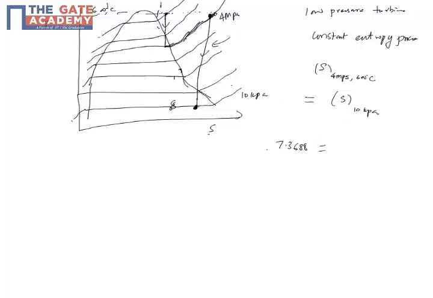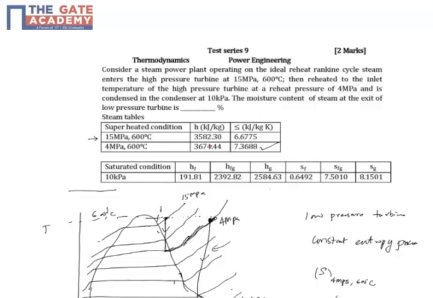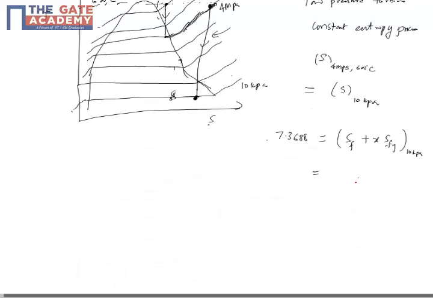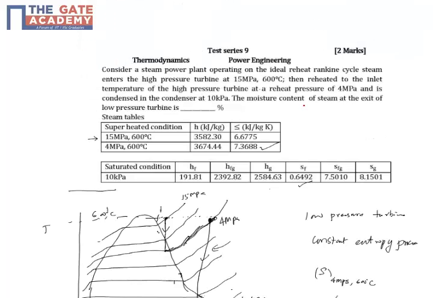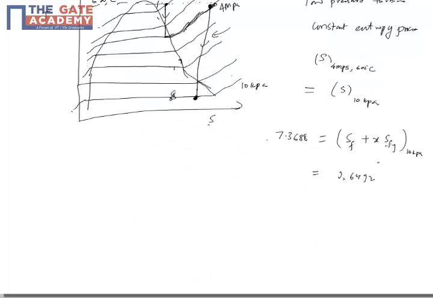Now, assuming that we have both liquid and vapor content, we have both sf and sfg. So we write sf plus x into sfg, and sf and sfg we need to find at 10 kPa. Assuming it's a mixture, sf is given as 0.6492 and sfg is 7.5.